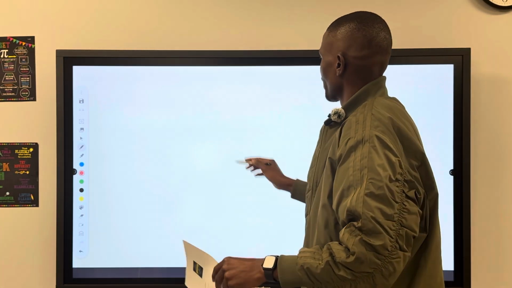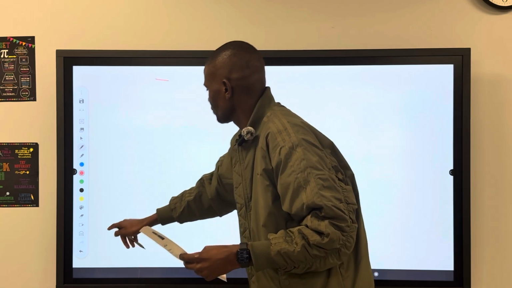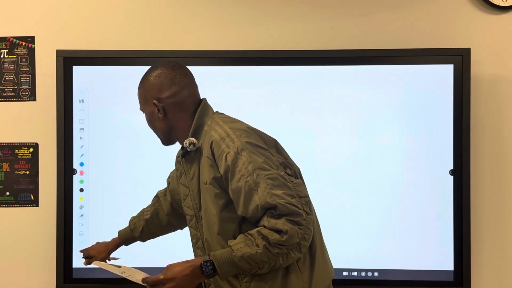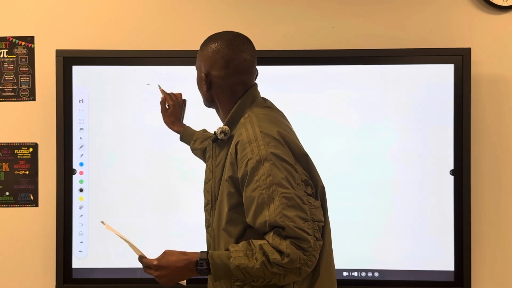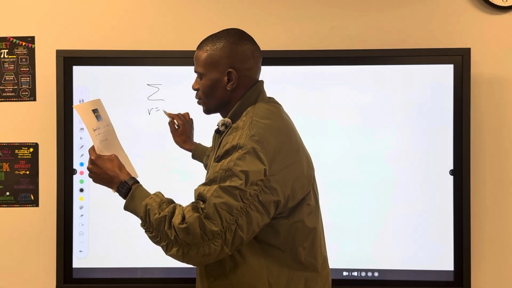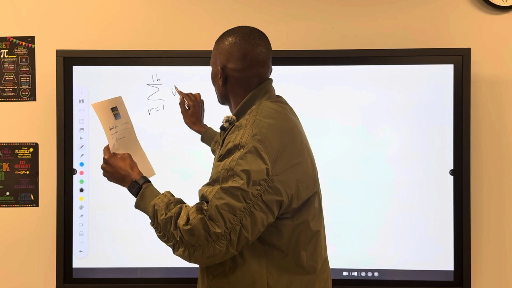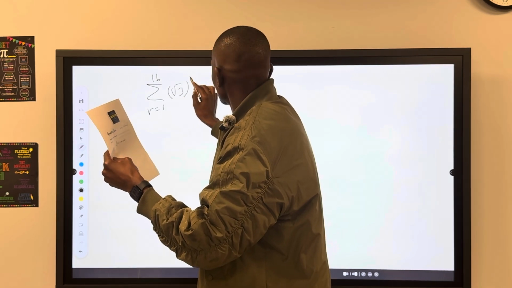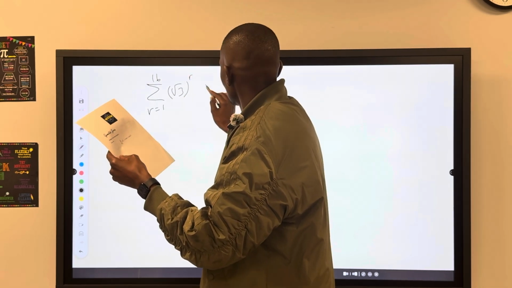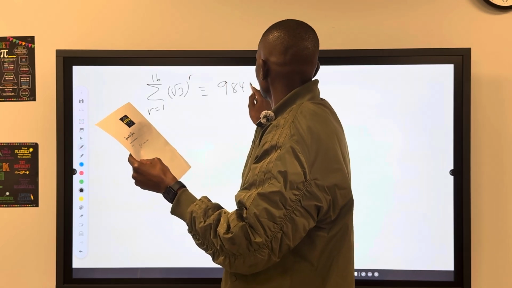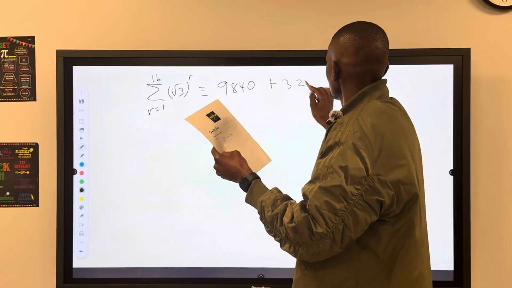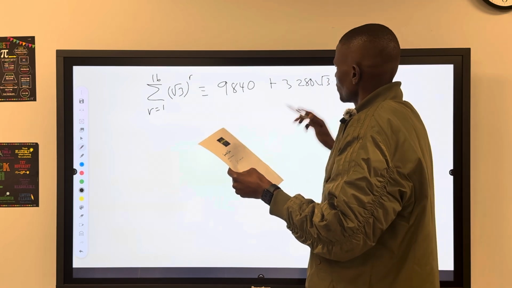Okay, we have the summation from r equals 1 to 16 of root of 3 to the r. We want to show that it's identical to 9840 plus 3280 square root of 3.